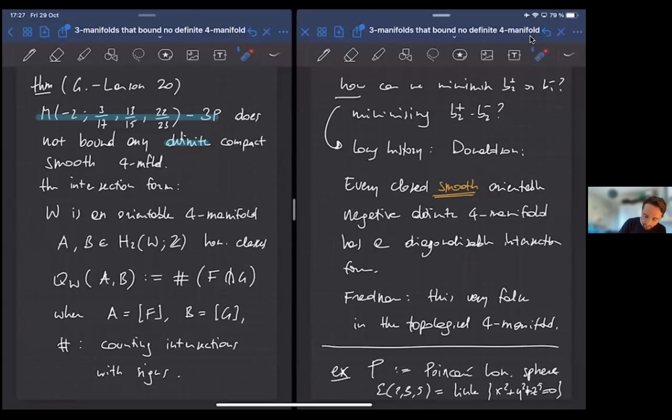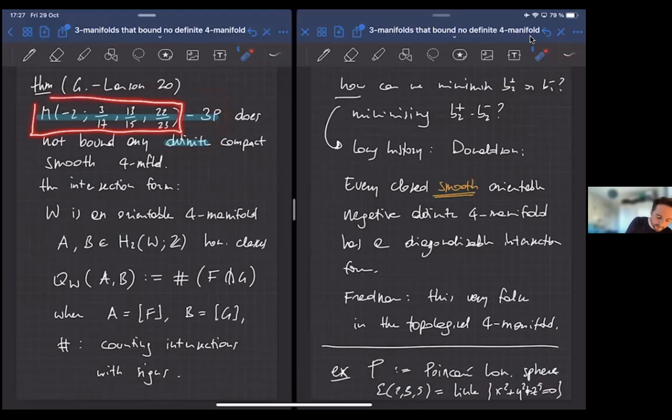So this is an example of a 3-manifold that does not bound any positive definite 4-manifold. It does bound a negative definite one, which is the E8 manifold, which is the resolution or the Milnor fiber of this particular singularity. And I name it also because P is the same P that appears here.